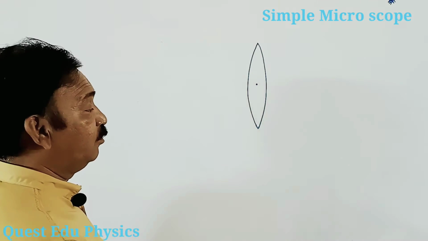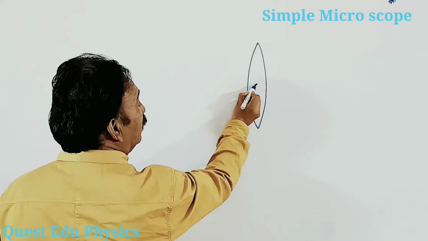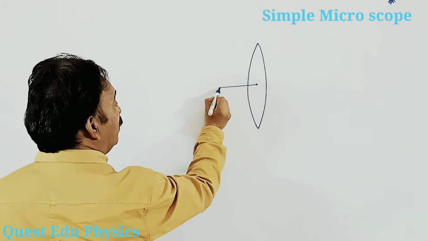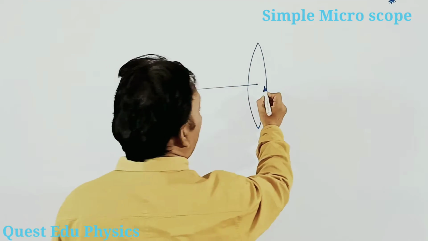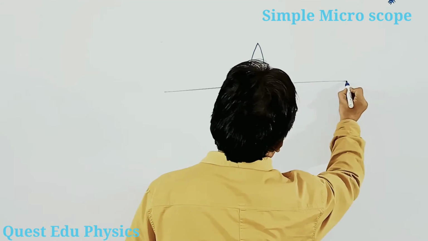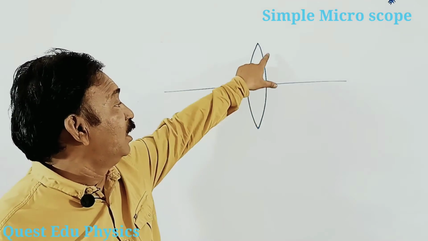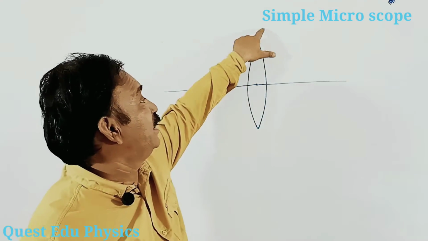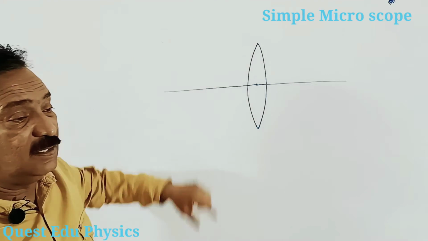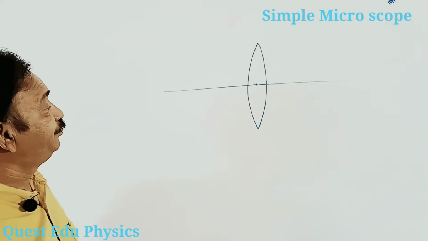Optic center being what, students? We are making a light ray pass through the optic center, joining the two radii of curvature, students. This is the first radius of curvature and it is the second radius of curvature.